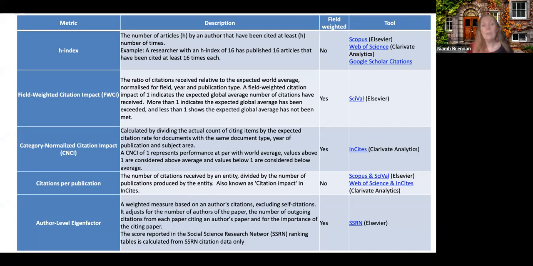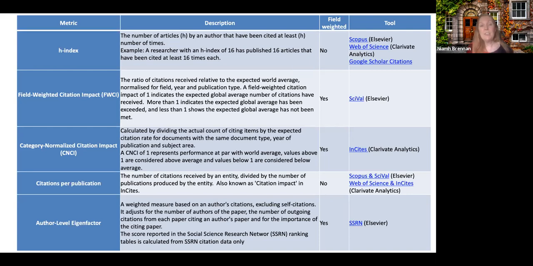The example given is that a researcher with an H-index of 16 has published 16 articles that have been cited at least 16 times each. That researcher might have published 120 articles, but maybe many of them have received no citations, or maybe just 14 or 12 citations or 3 citations. This cross-references the highest number of publications with the highest number of citations, and produces that as the H-index.